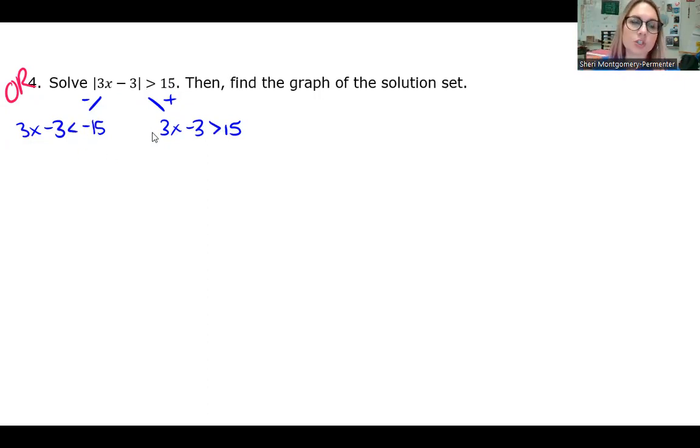To solve, this is a two-step problem. What step do I do first? Yep, I need to add 3. And as I do that, I can go ahead and do that to both of my branches because it's going to be the same. So 15, we get negative 12.